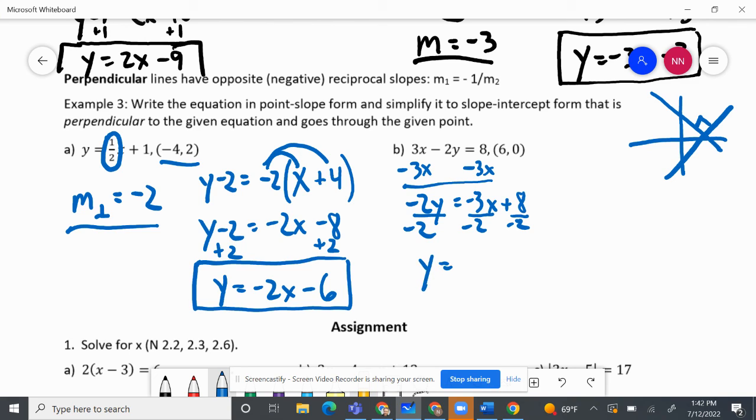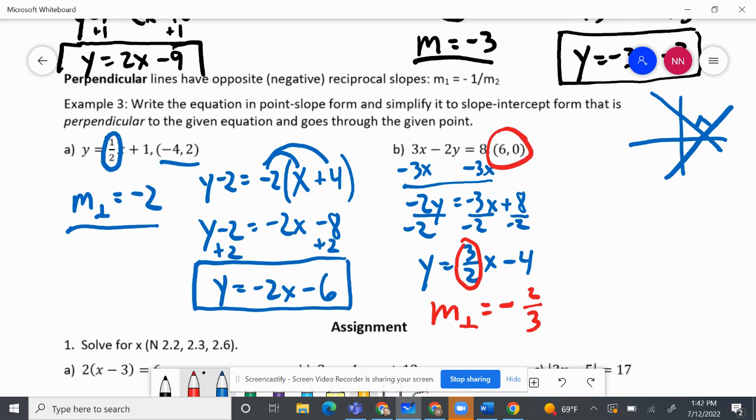And we get y equals 3/2 x minus 4. Now, when we look at this, we notice that our slope is 3/2. So what we need is our perpendicular slope. We change the sign and we flip the number. So it becomes -2/3.